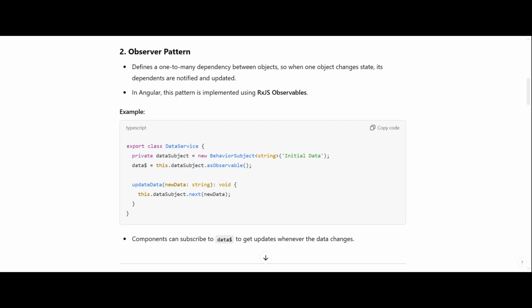So components can subscribe. Look at this example. Components can subscribe to data$ to get real-time updates whenever the data changes. This is the core concept in Angular for reactive programming.